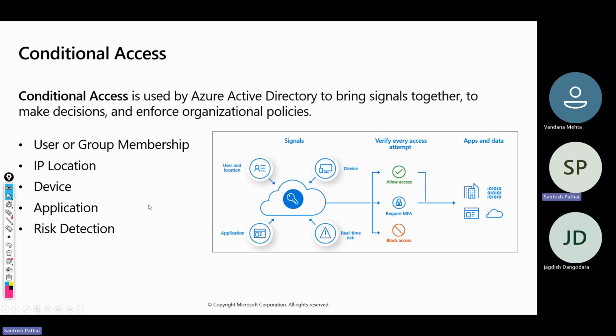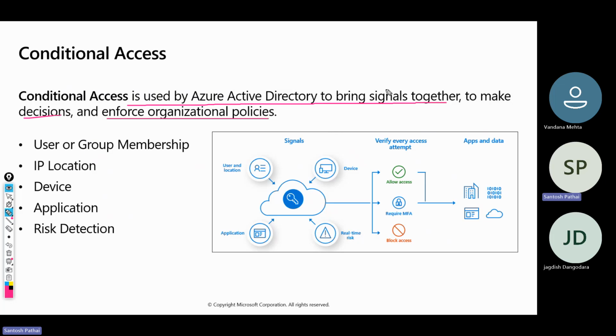Then we have conditional access. So what is conditional access? It is used by Azure Active Directory to bring signals together to make decisions and enforce organization policy. What kind of signals? User, group or location, what device the user is coming from, what the real-time risk is, which application they are coming from, etc. Now, how are signals validated?